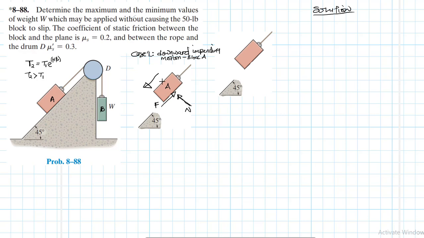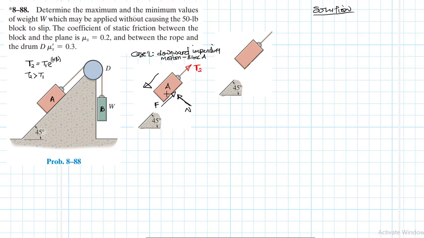Because we have assumed that block A experiences impending motion in a downward direction, and it tends to pull on block B, the tension cable connected to block A will have a tension that we are calling tension 2.